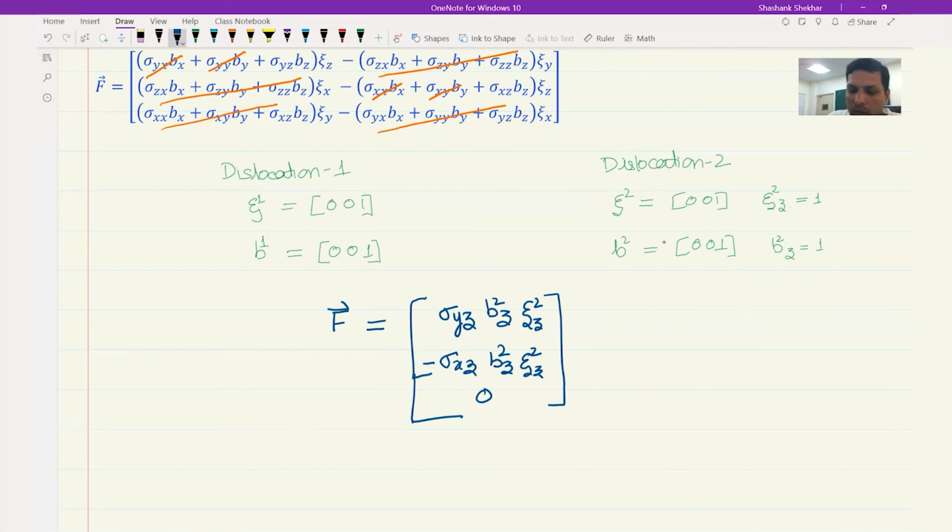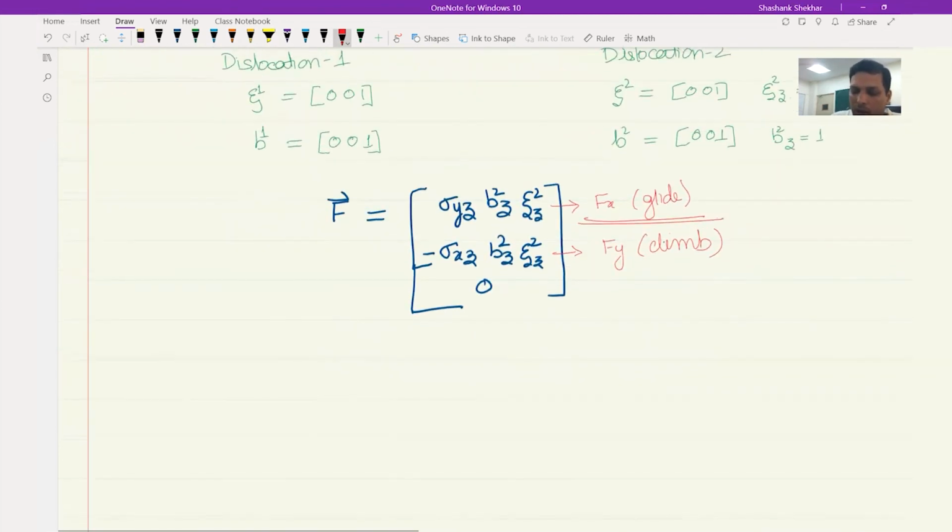So this is the force acting on the dislocation, and like we mentioned earlier, this is Fx, which is the glide force, and Fy, which is the climb force. So again, we are interested only in the glide force, and here the sigma yz.